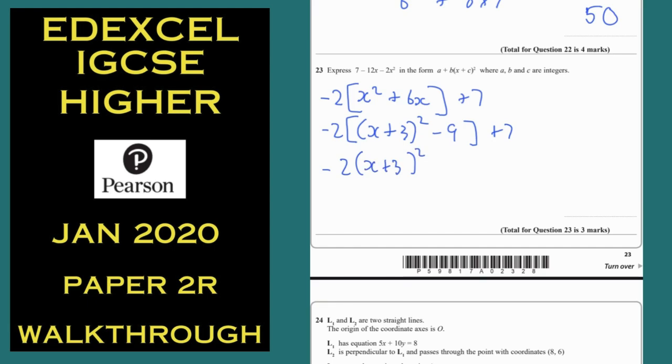We've got negative 2 times negative 9, positive 18, and everything now needs tidying up. They want the number at the front, so we give them it, 25, and they want the brackets and stuff later, so we give them it, negative 2 lots of x plus 3 squared.